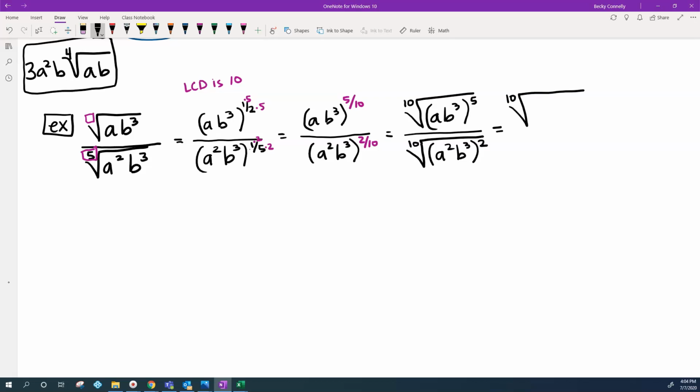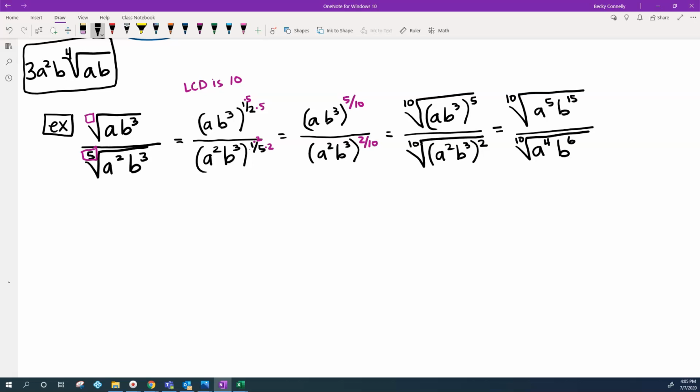So the 10th root of a to the 5th, b to the 15th, right? Remember, a power raised to a power, you're multiplying those together. And then on the bottom, I've got the 10th root of a to the 4th, b to the 6th. Okay, what from here? How many of you were able to get to this point at least?